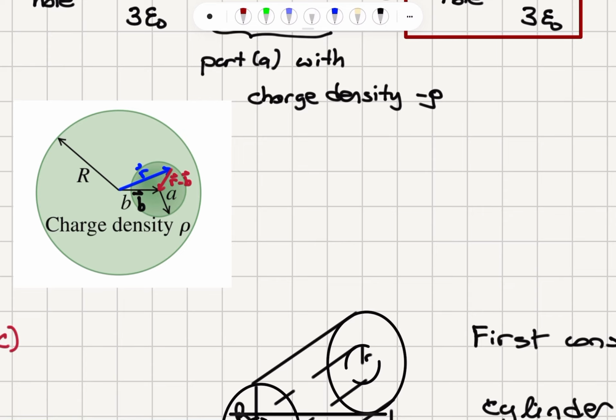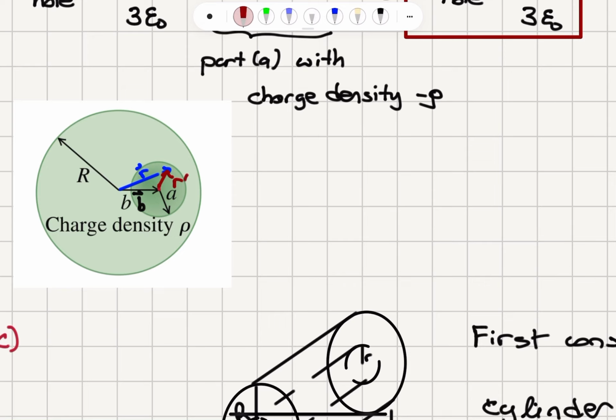R minus b is basically this vector here, which is basically this r prime vector. Okay, so we go from the origin to this point.